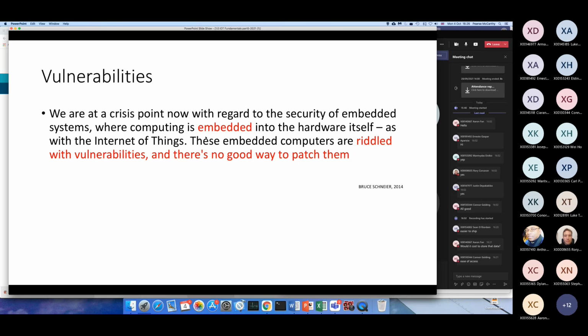He said 7 years ago, the security of embedded systems, which is essentially what's in IoT devices, where computing is embedded into the hardware itself, as distinct from a standard user-based device like a phone or a PC, like the Internet of Things. These embedded computers are riddled with vulnerabilities, and there's no good way to patch them.